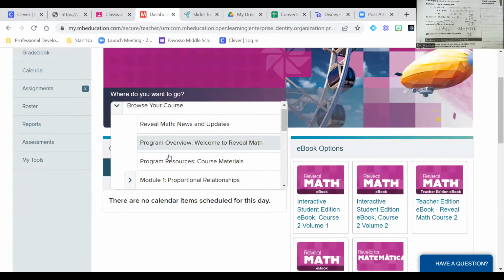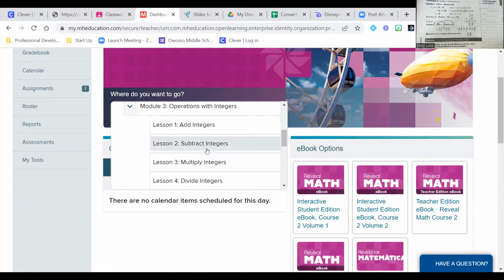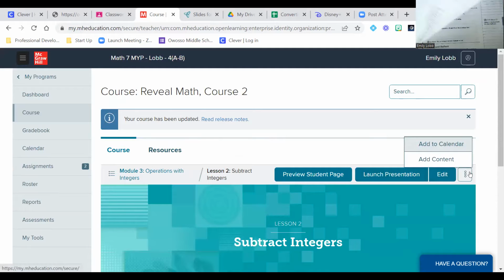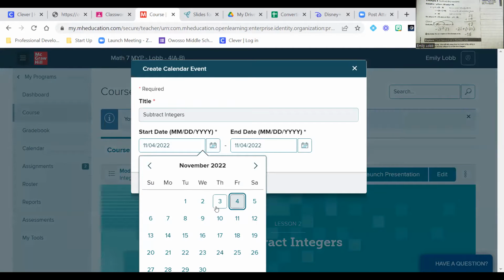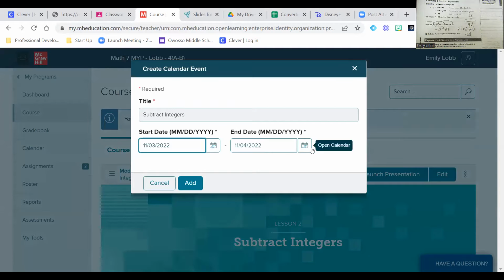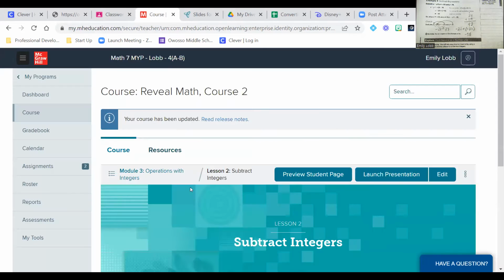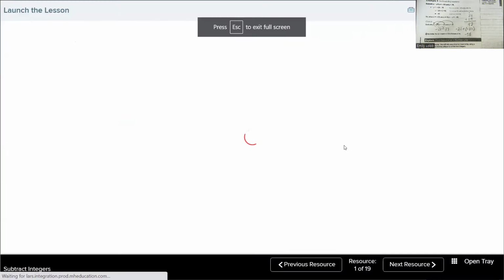So let's add that. So we're in module 3, we're in lesson 2. Maybe, there we go. So let's add this to our calendar, so it will be in our dashboard. We started it yesterday. We're ending it probably on Monday or today. We'll see if we get done today. And that'll be there for you if you need it.